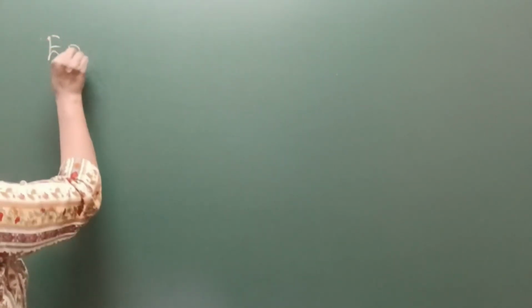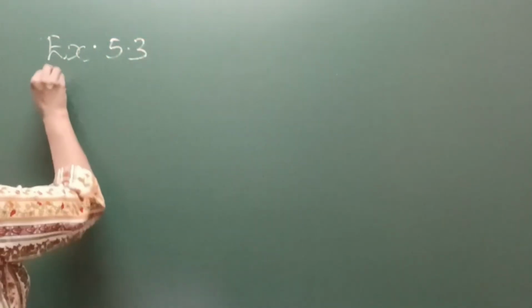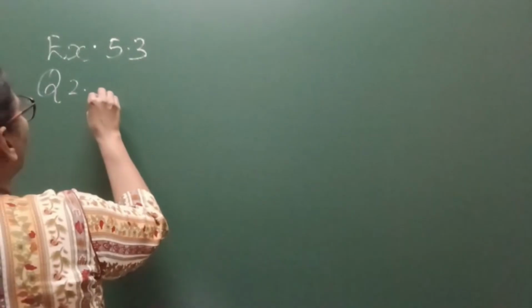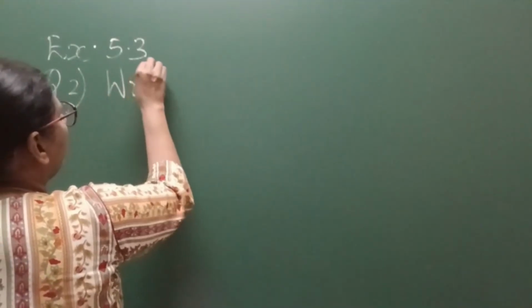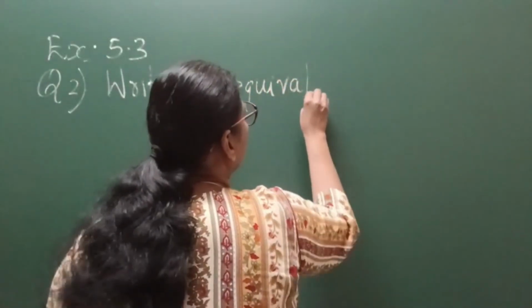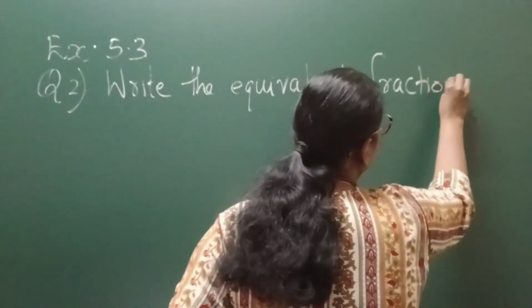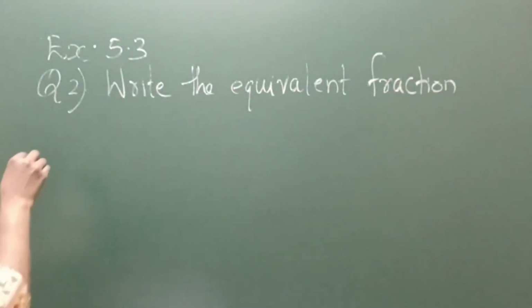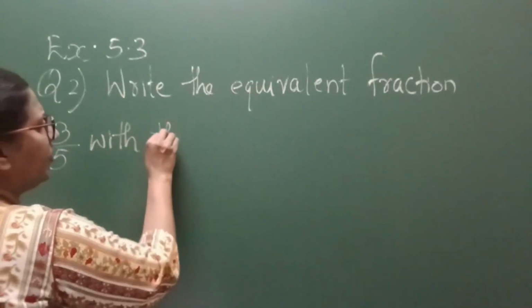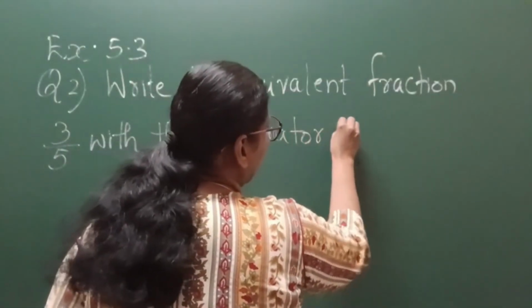Exercise 5.3, question number 2. Write the equivalent fraction of 3/5 with the numerator 21.